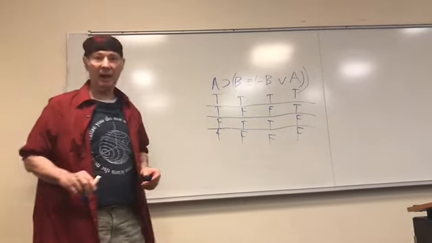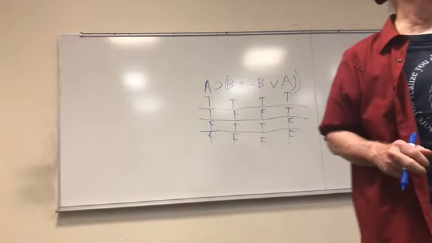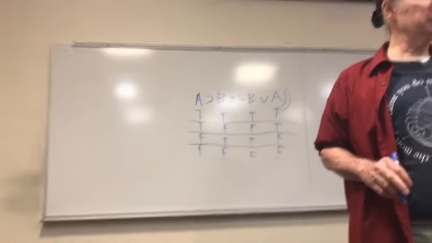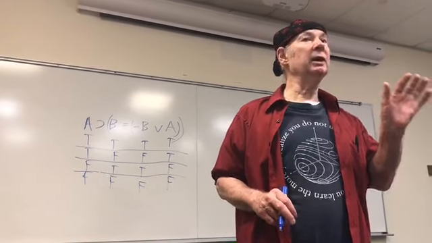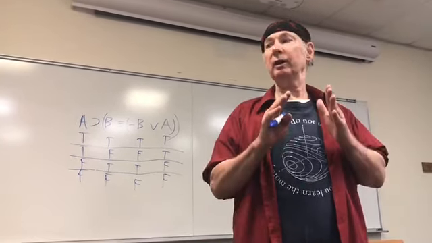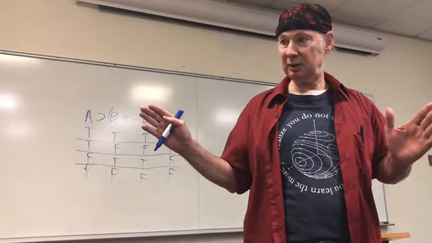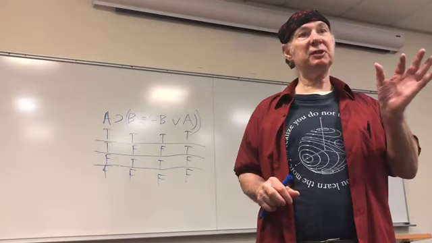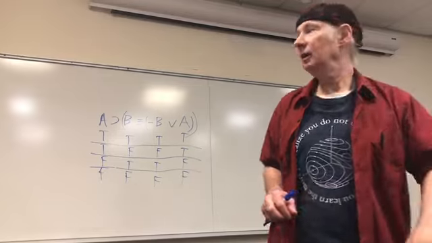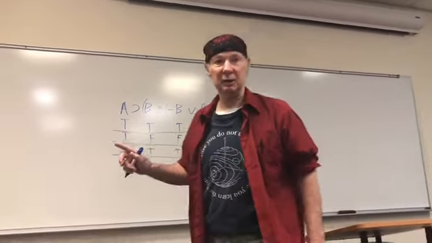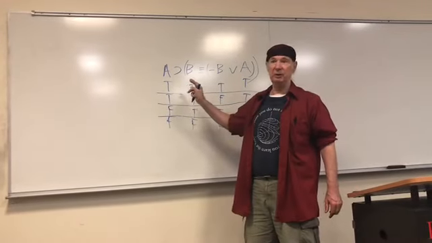Okay, now that we've done that, the next thing is to fill in the columns underneath the truth functions. And to do that, we need to know the order in which we applied the truth functions to build this sentence. Sometimes the best thing to do is to look at what was the last truth function. And you can tell by parentheses what was the last truth function used to build this sentence.